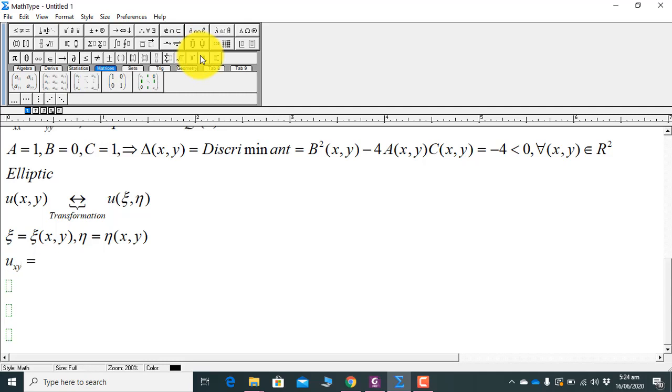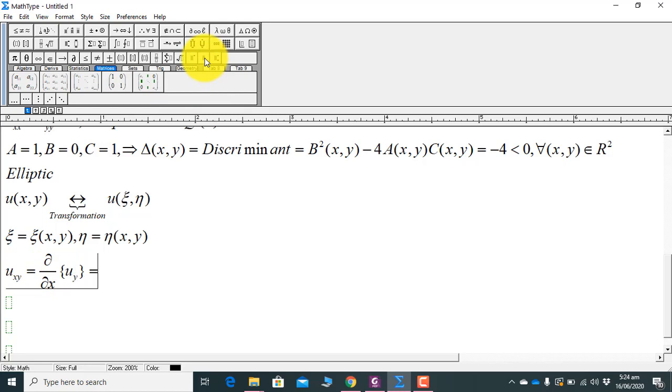What is the answer for uxy by definition? Every time try to apply the definition for any simplest calculation. This will be equal to partial over partial x of uy.